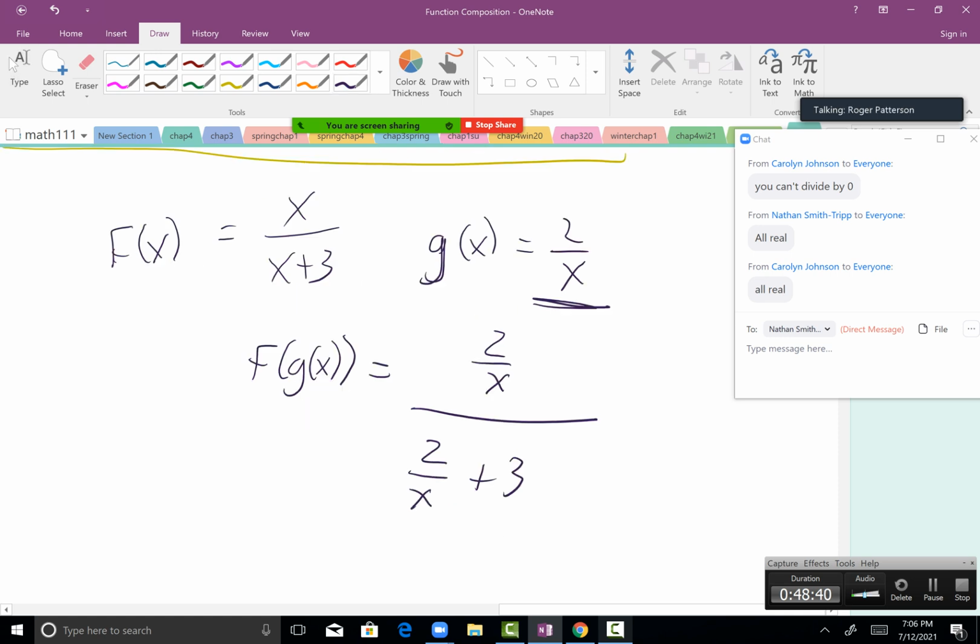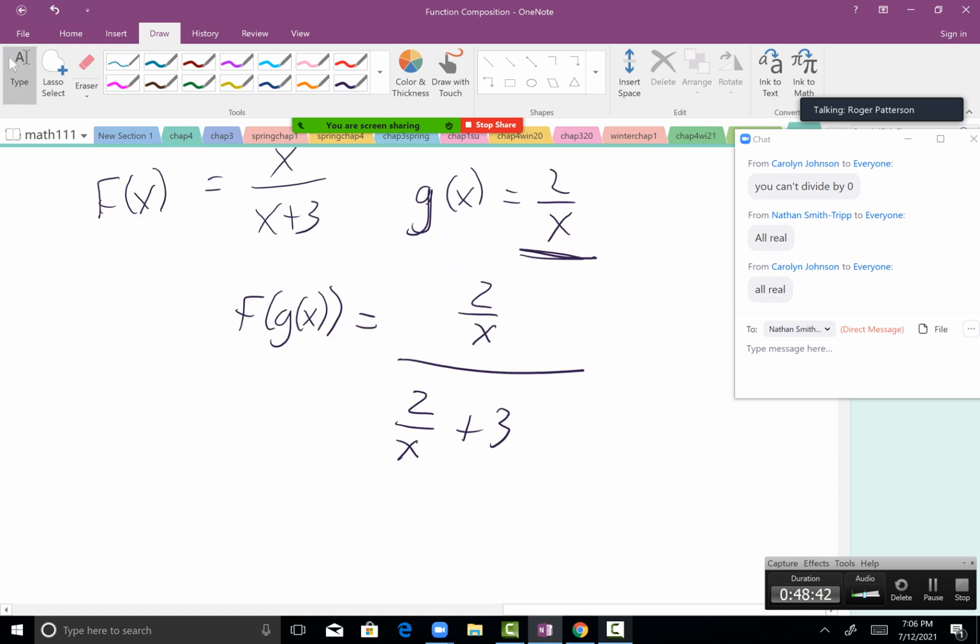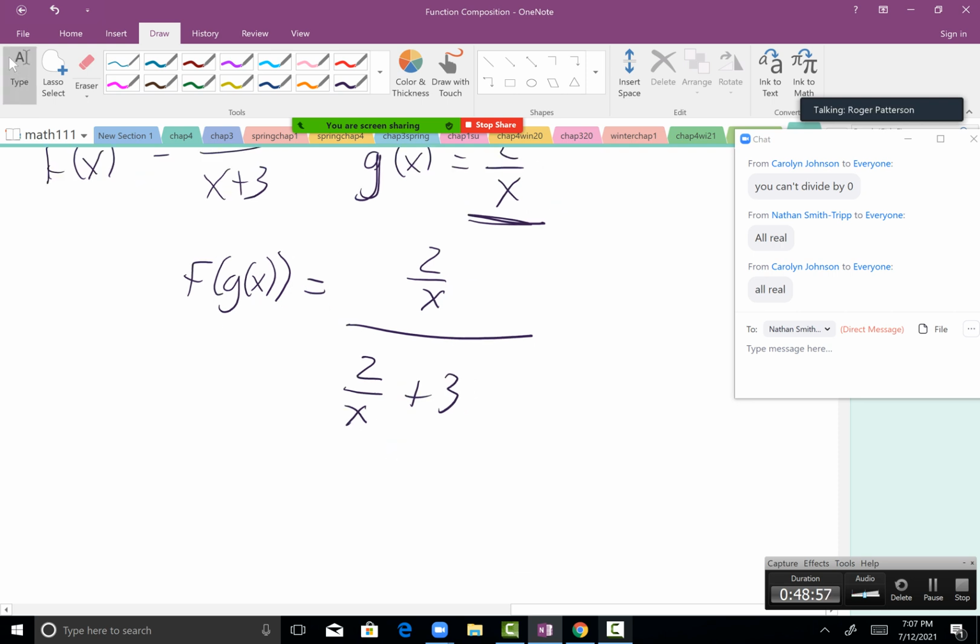Now really, there isn't a whole lot I can do to that. You can simplify the bottom and then simplify it again, but I don't really know if that makes it any better. What we would do is find a common denominator.